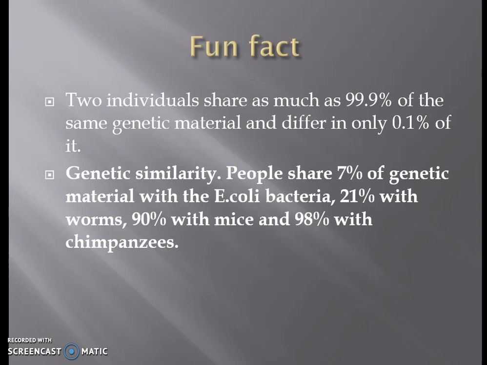And talking about genetic similarity, people share 7% of the genetic material with E. coli bacteria, 21% with worms, 90% with mice, 98% with chimpanzees. And don't forget the bananas. You share 50% of the genetic makeup with a banana.